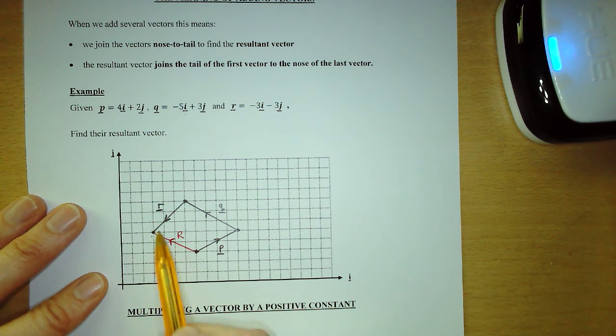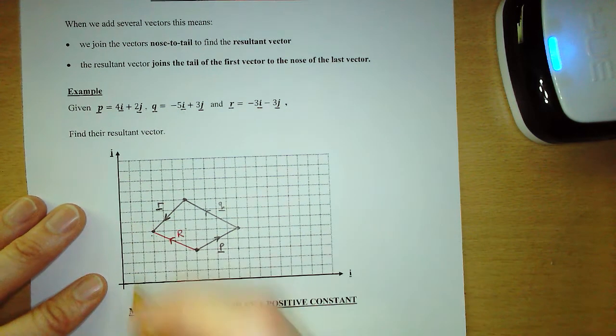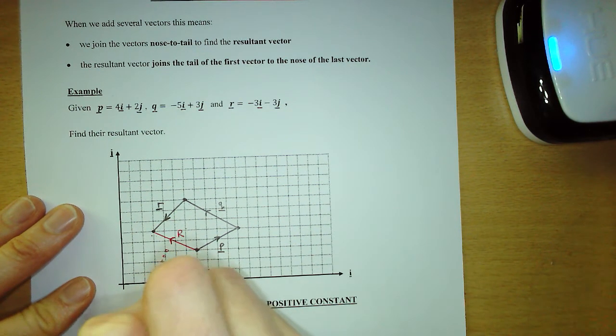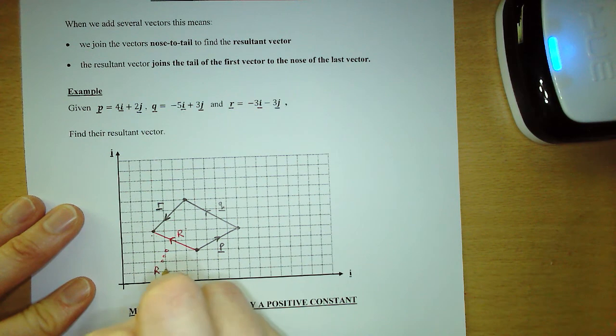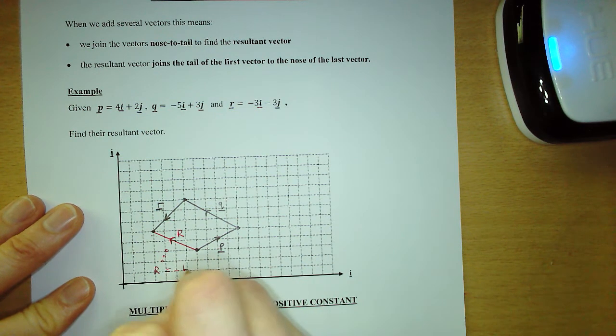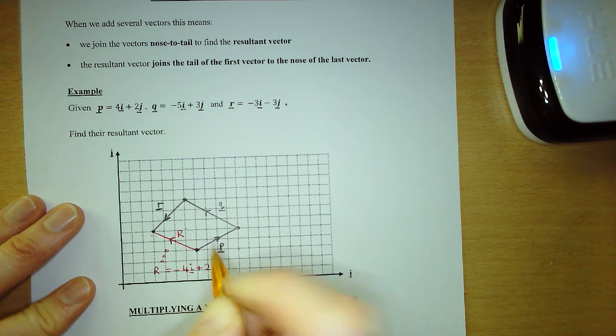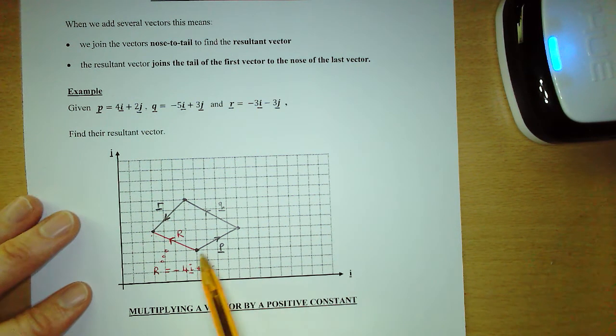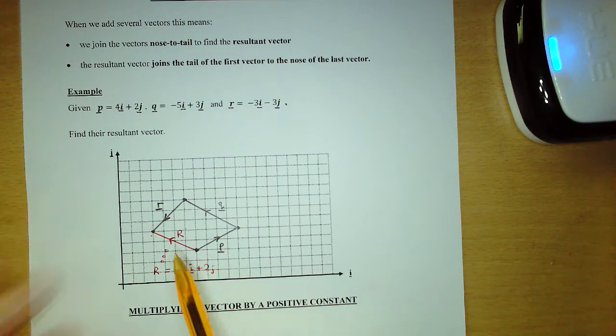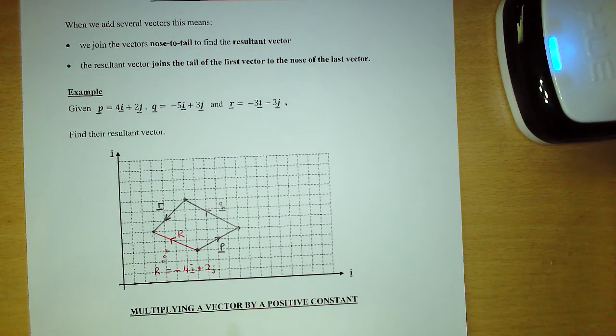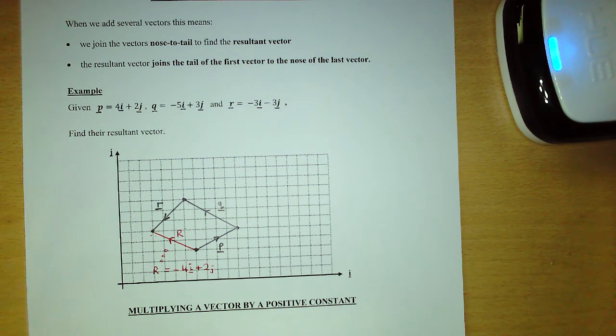And then we have to move 2 units up, 1, 2. So the j component is going to be plus 2. So vector R, the resultant, is going to be minus 4i plus 2j.